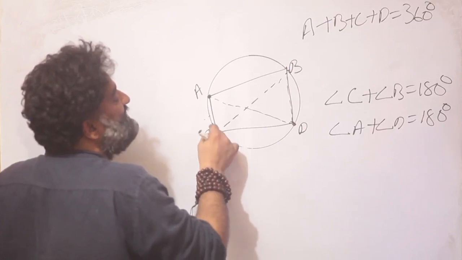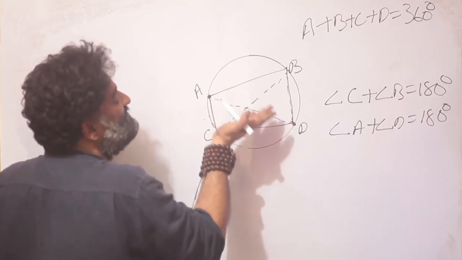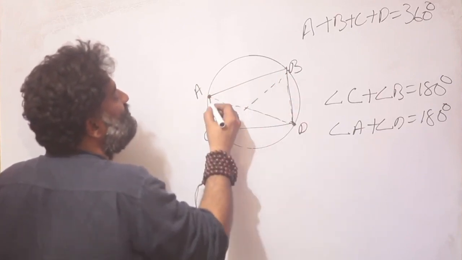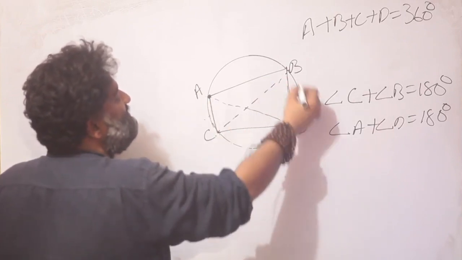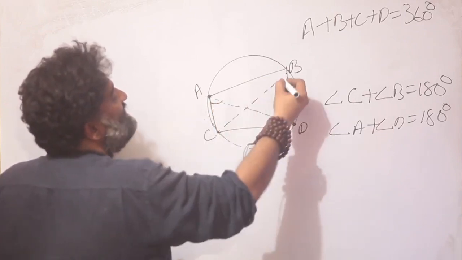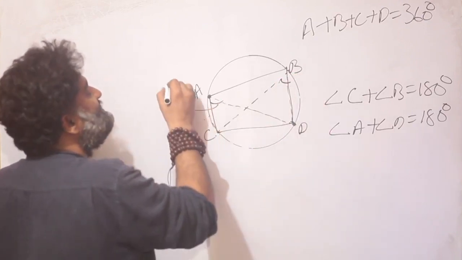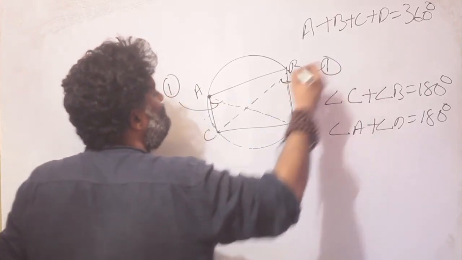Why? Because these are angles subtended by the same arc on the same side of the circle, or in the same segment. That means these two angles are going to be equal to each other, not A and B, but angle CAD and angle CBD. So this angle is equal to this angle. Name it if you want to. This is 1. If this is 1, this is also 1.